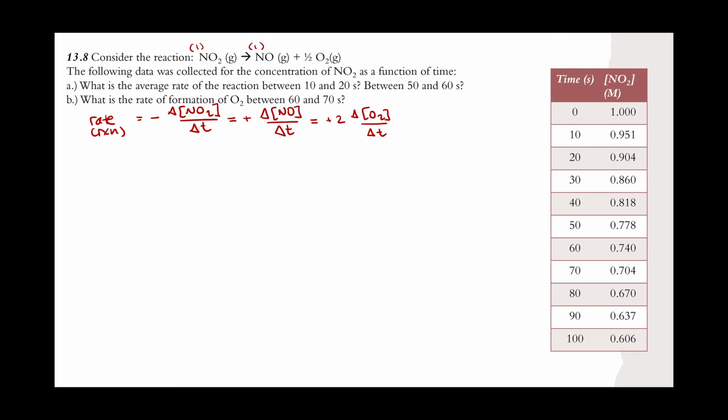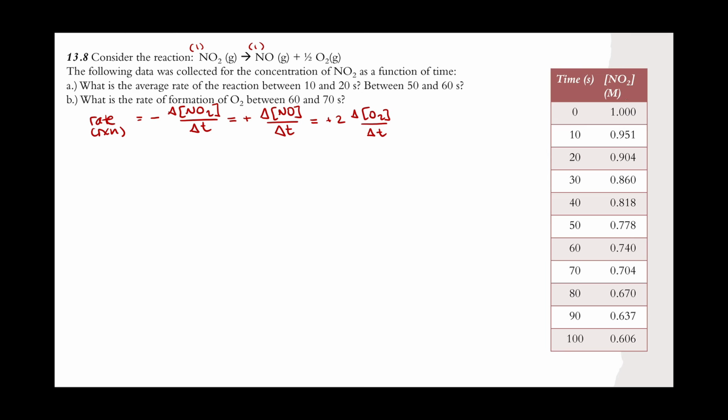But I thought I would just make it a bit more challenging and show you that we can actually solve this for a different time. It doesn't have to be the same. Since we're asked for the rate of formation of oxygen gas, we don't really have any information in this table about how fast the oxygen gas is being produced.